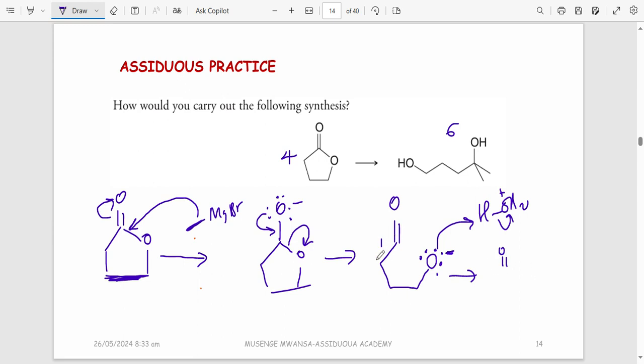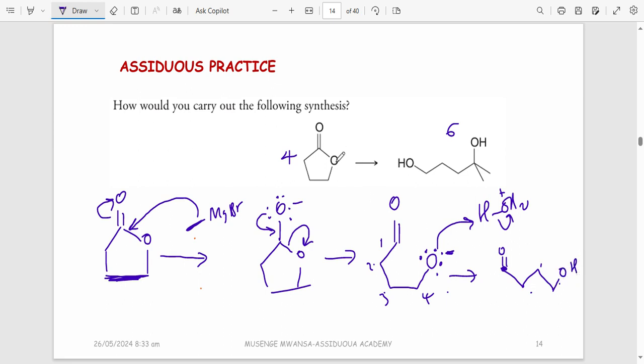So this is 1, 2, 3, 4. Okay, you can see this carbon. 1, 2, 3, 4. And then remember this is 1, 2, 3, 4. 1, 2, 3, 4. And then we have got an OH at the end there.